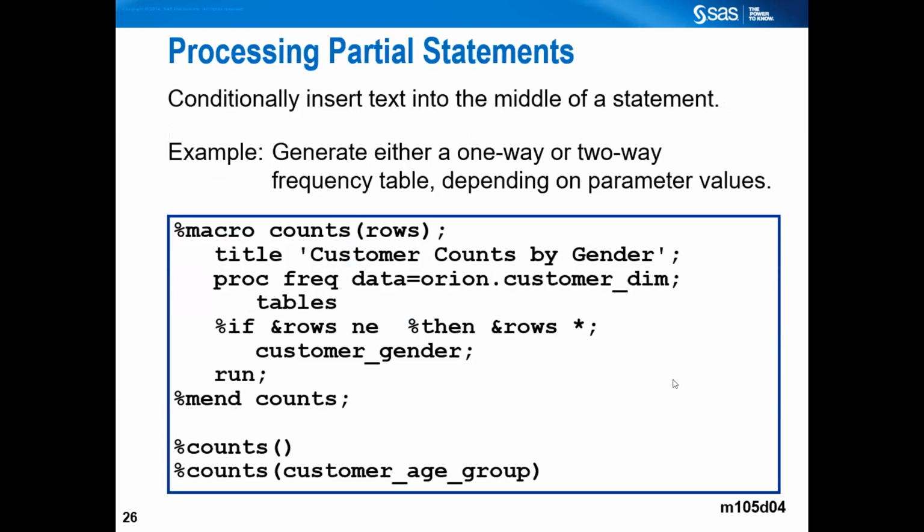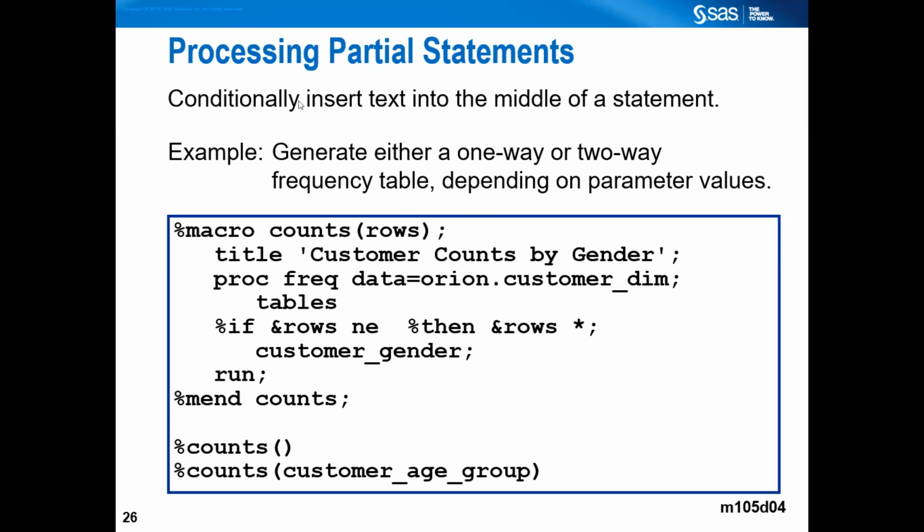Look at the macro carefully. We are creating a macro named counts and giving this title. You write proc freq tables, and instead of giving a column to be analyzed, you give a condition: percent if ampersand rows not equal to missing, percent then ampersand rows asterisk sign, semicolon, customer gender, run, mend for counts.